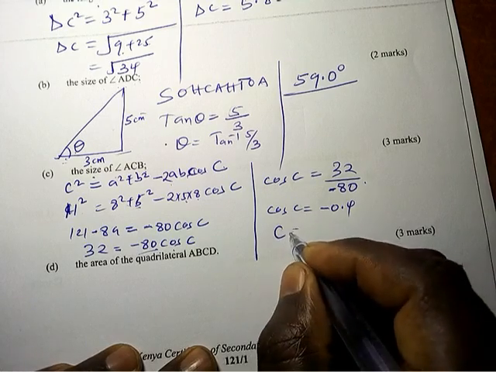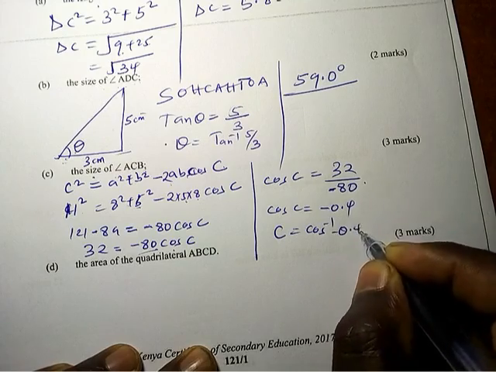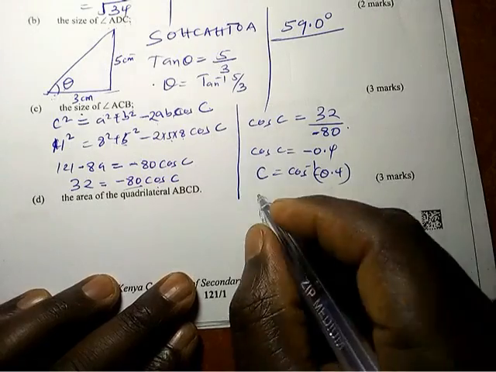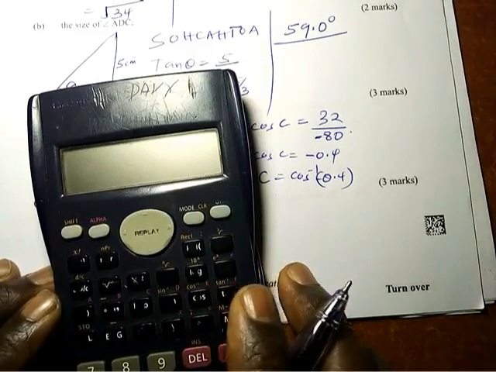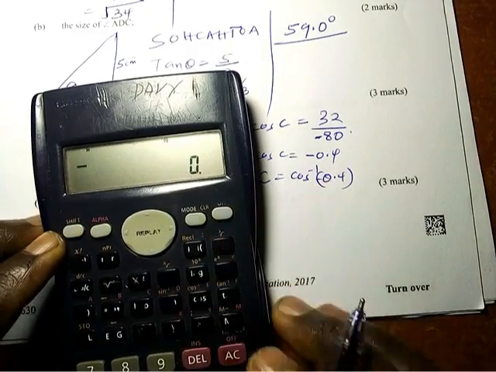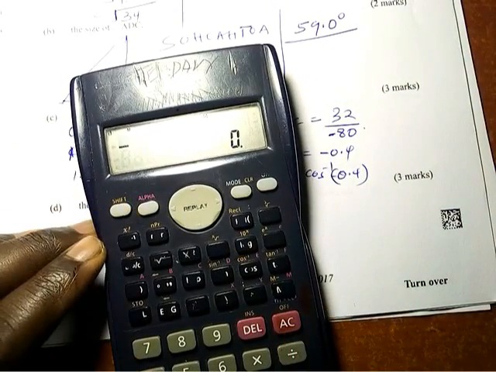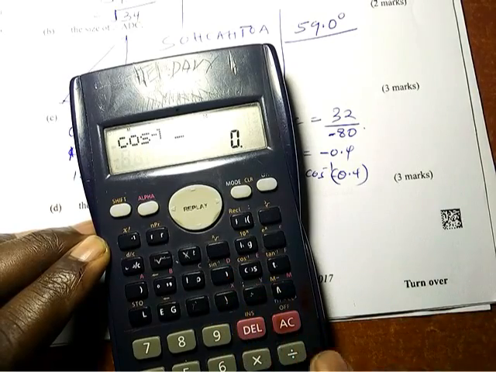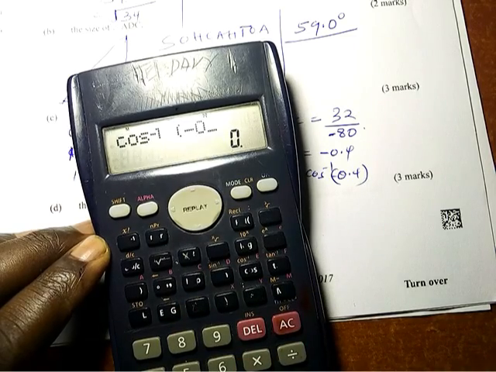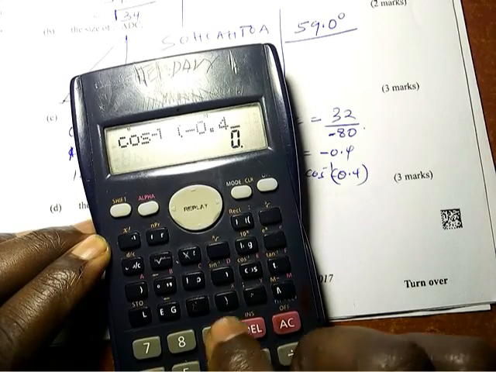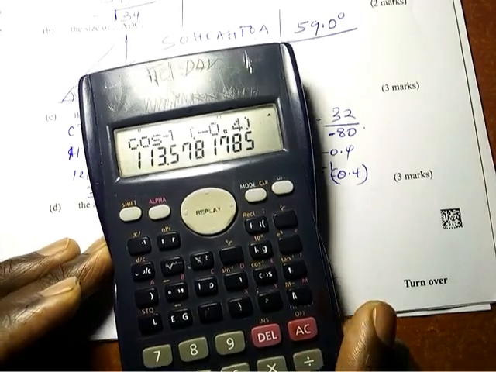So to get C, we find the cos inverse of negative 0.4. So you take your calculator, you press shift cos, that is inverse, you open bracket, you insert negative 0.4, you close, and it gives you the answer.